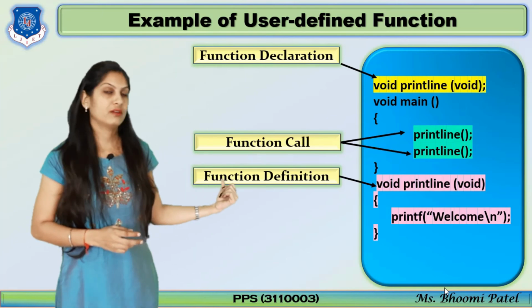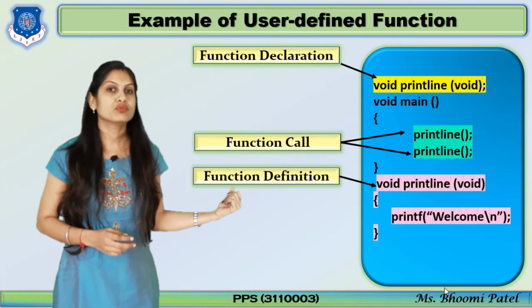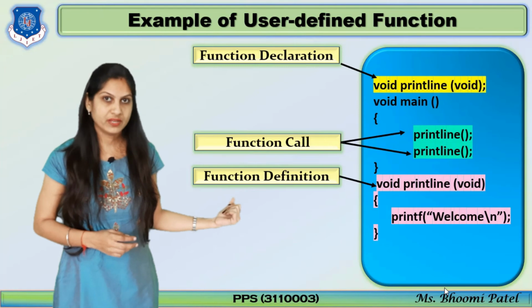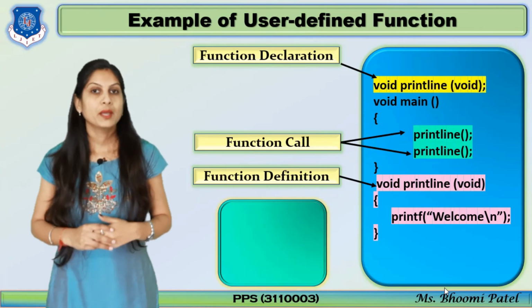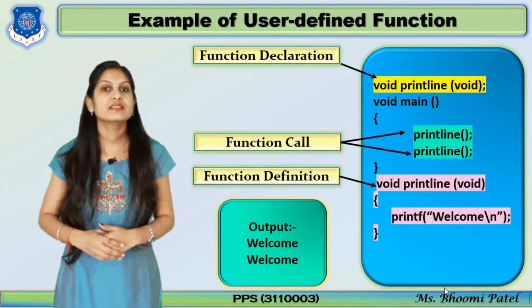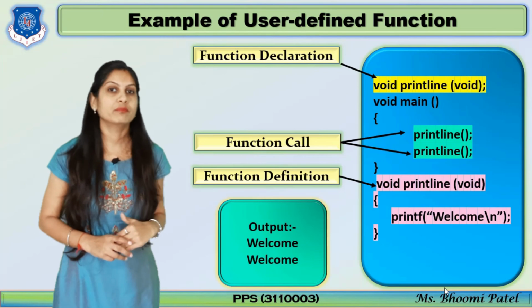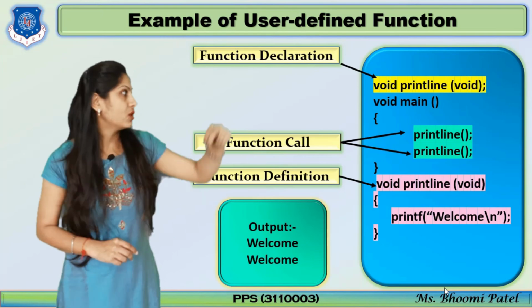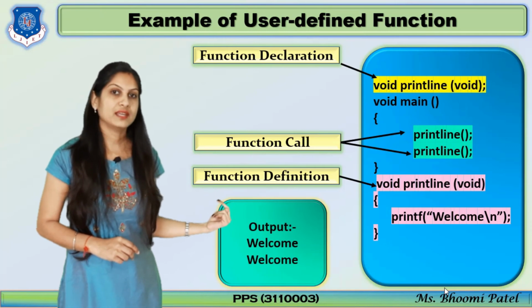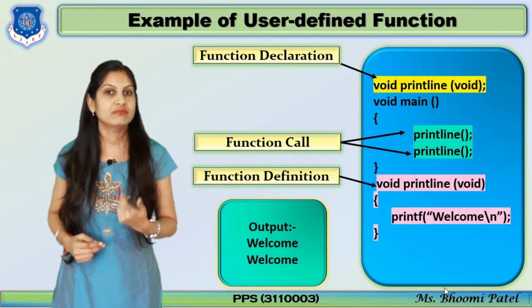Here the printline function is after void main, so the cursor moves onto that function definition, and then the printf statement is executed, meaning our output is generated, that is welcome. Now the cursor comes back to void main and executes the second function call. So again it calls the printline function a second time and prints the same message, welcome.